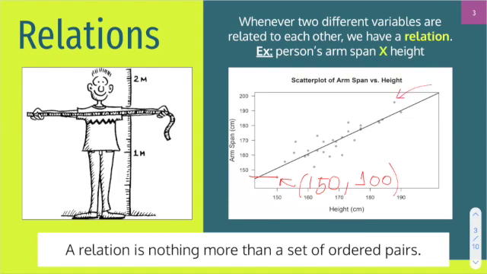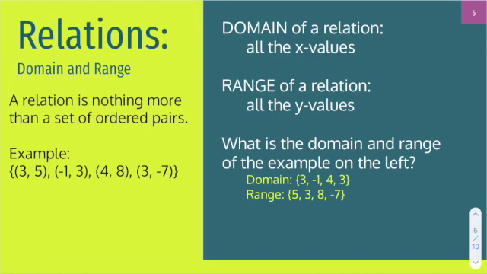This person over here is going to have a height of about 189 centimeters and an arm span of about 193 centimeters, and so on and so forth. So an ordered pair represents a relation. It relates, in this case, the height of the person to the arm span of the person. Remember, a relation is nothing more than a set of ordered pairs.